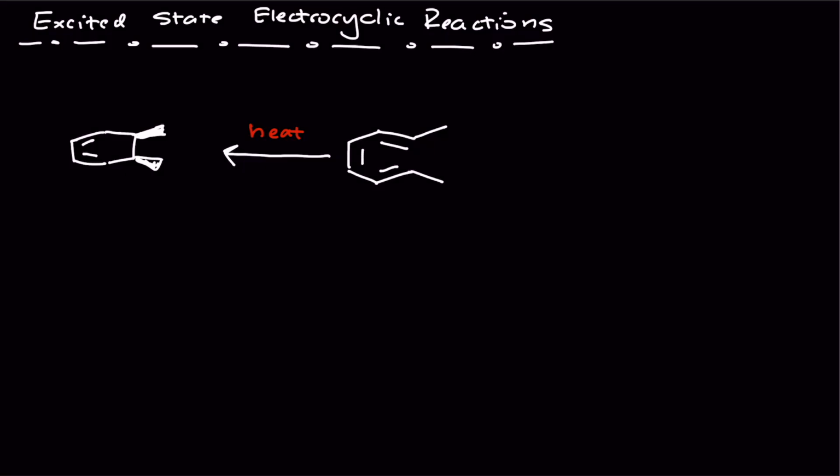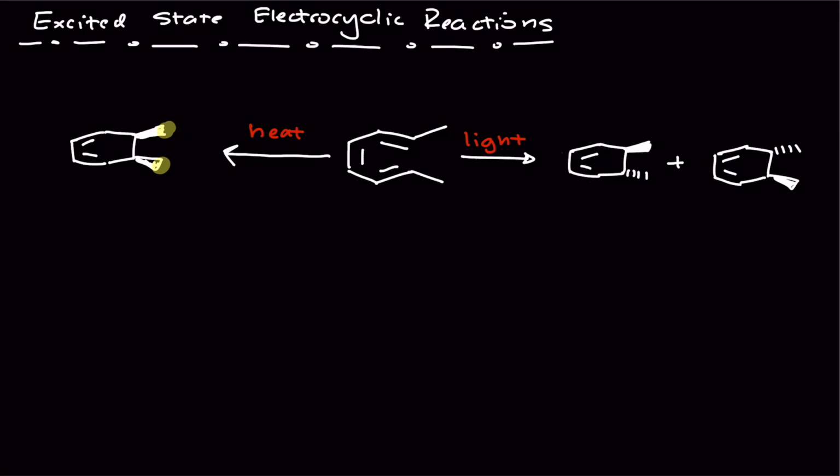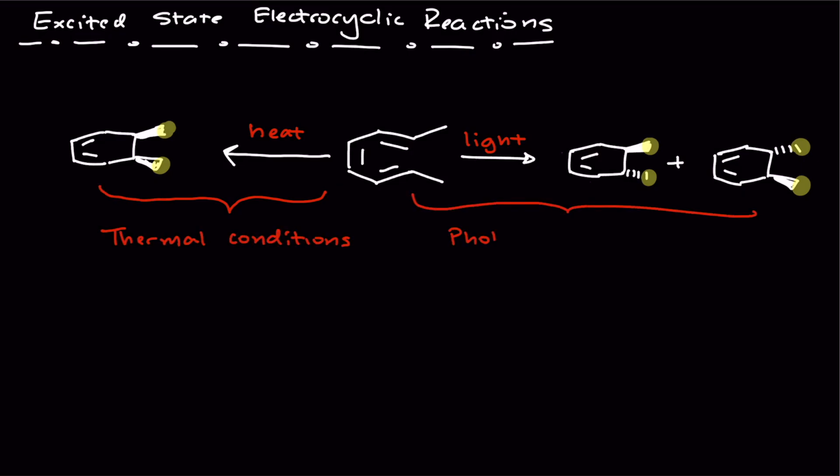However, if you take this particular substrate and do the same electrocyclic cyclization, this time under light, it turns out the trans disubstituted cyclohexadiene would become the major product. Recalling from our previous classes, essentially what we're doing is switching up the conditions, whether it's thermal or photochemical, in which we're taking part in this reaction.